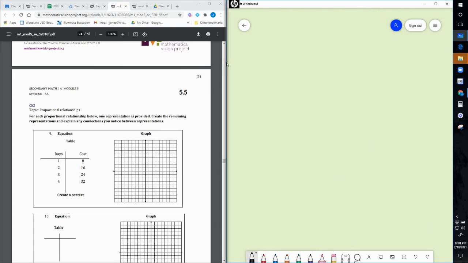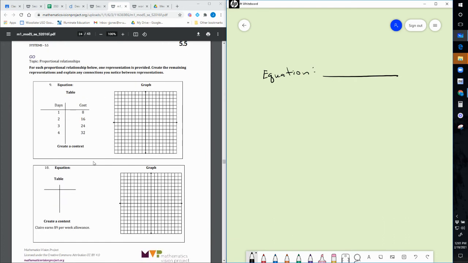Number 9 says equation, and you don't know the equation. So you need to give me the equation. Then it gives you the table, and then you're supposed to give a graph.